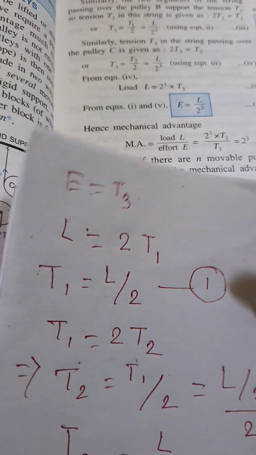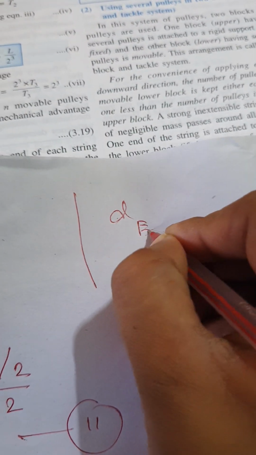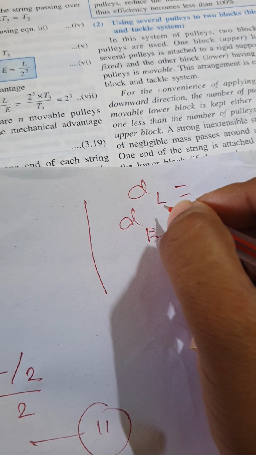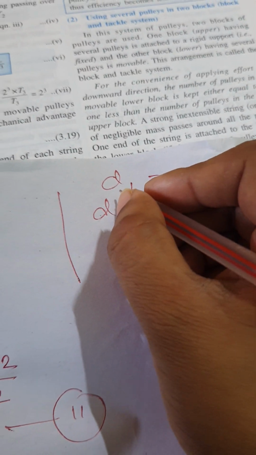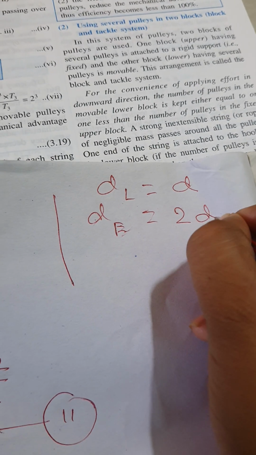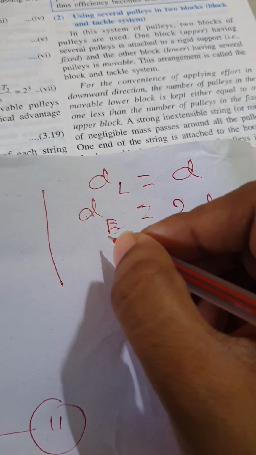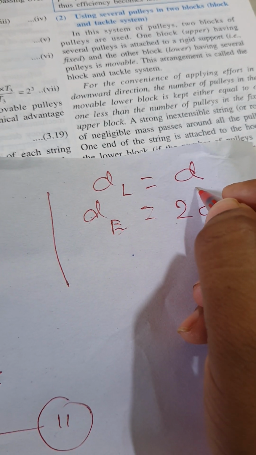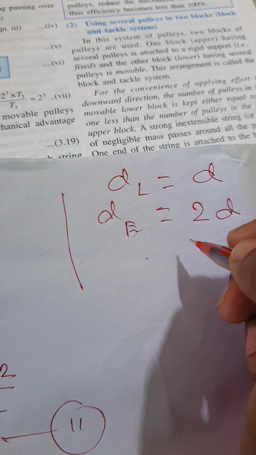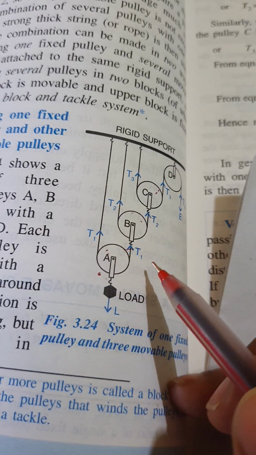Always remember that for a movable pulley, if the distance moved by the load is d, the distance moved by the effort is 2d, because effort is working on the string, and if the load moves d, the string moves 2d, because it changes from two sides, this side and this side.